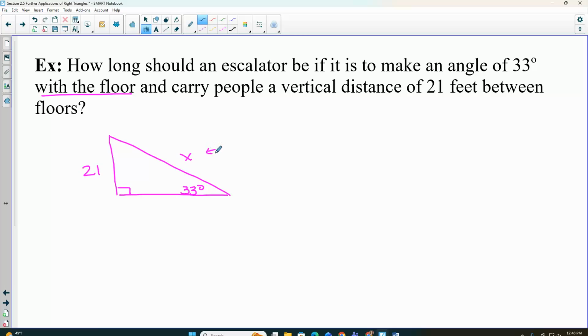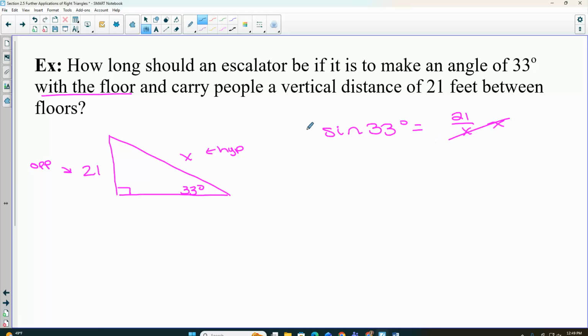So this would be my hypotenuse because it's crossing the right angle. 21 doesn't touch my angle, so that's opposite. Opposite and hypotenuse is sine. So sine of 33 degrees equals 21 over x.